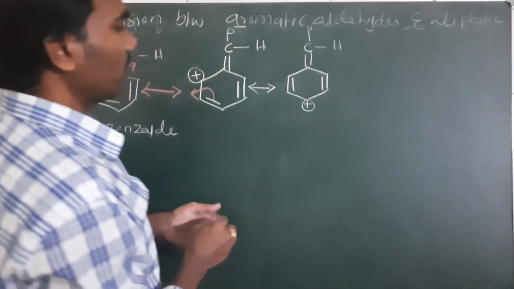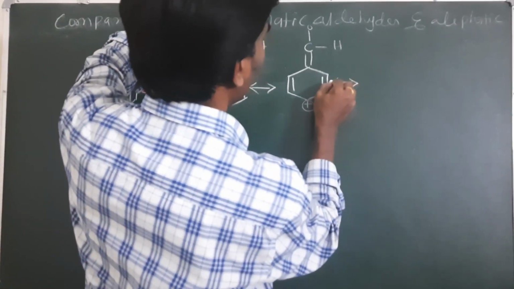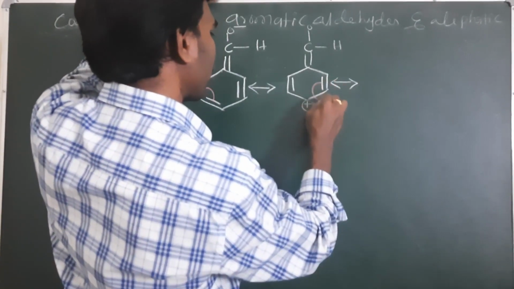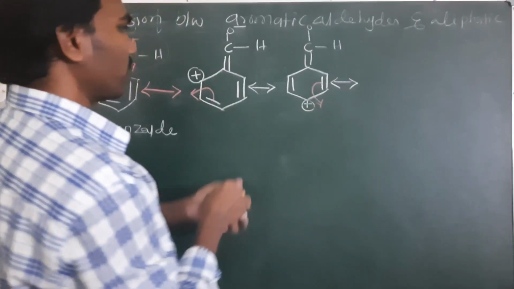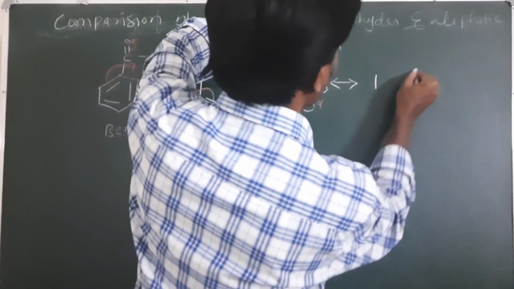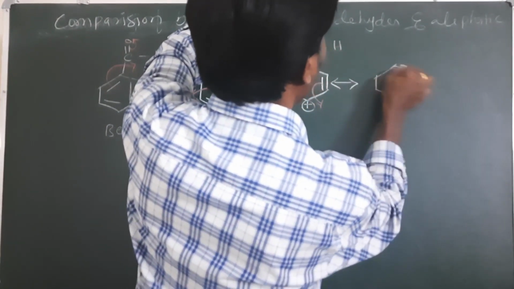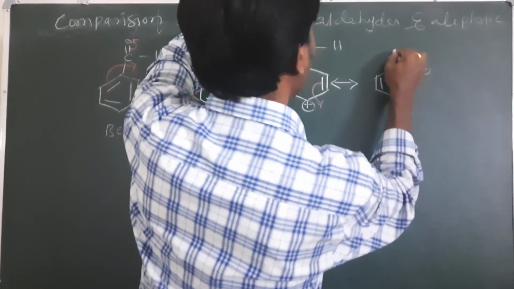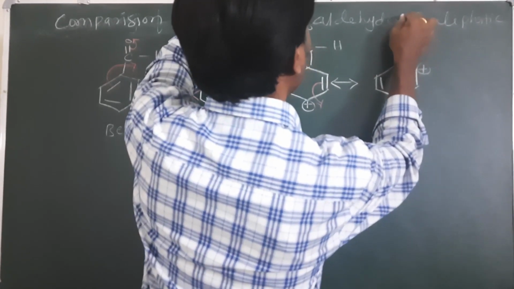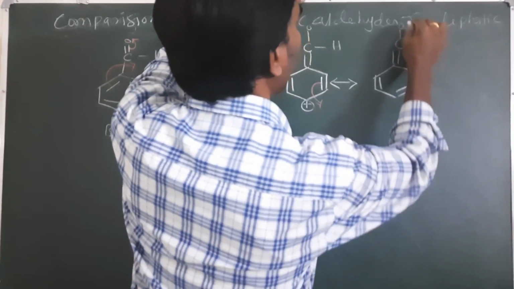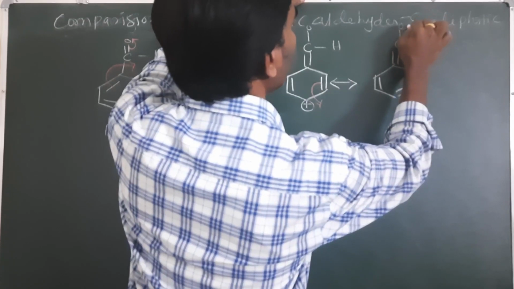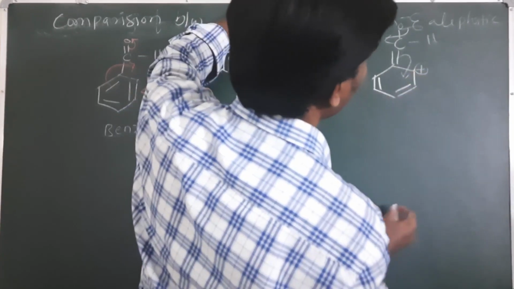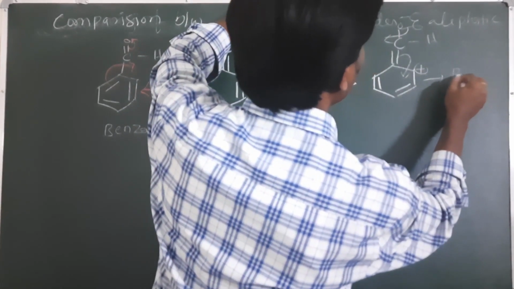After that, this double bond is going to shift here and this positive charge is going to shift there, giving O minus and H. Finally, this oxygen negative charge will shift towards carbon and oxygen, and this bond is going to shift here. Then again you are going to get benzaldehyde.